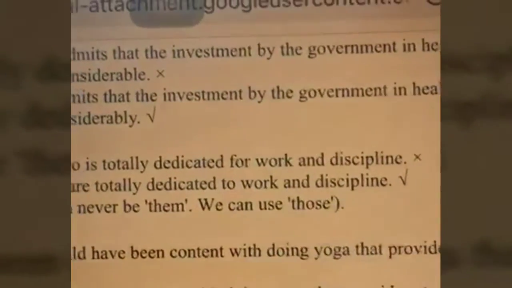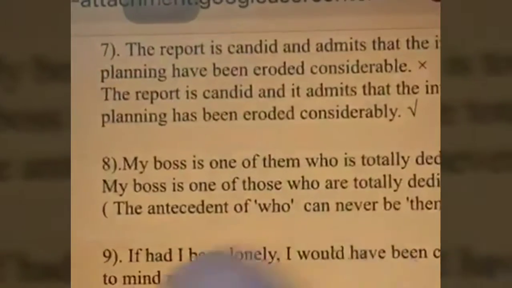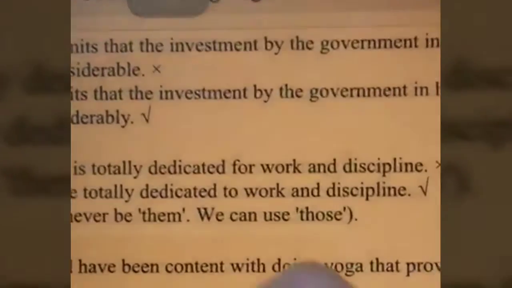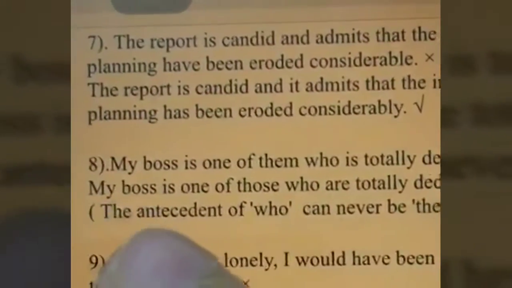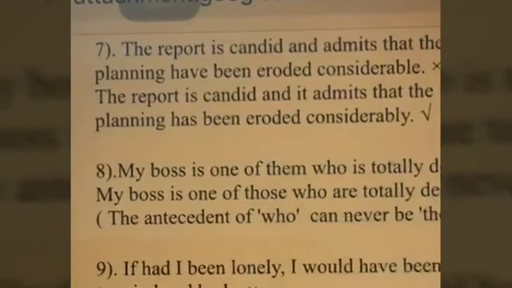Okay. "My boss is one of them who is totally dedicated for work and discipline." Well, first of all, there is a rule which says that the antecedent of "who" can never be "them." We can use "those," which would be the best antecedent. So my boss is one of those who. Now, "who" is a relative pronoun. What is it replacing?